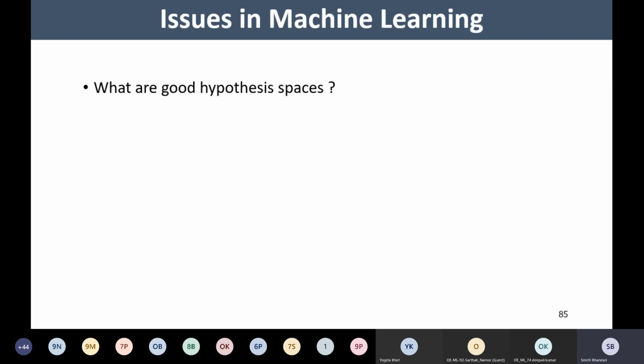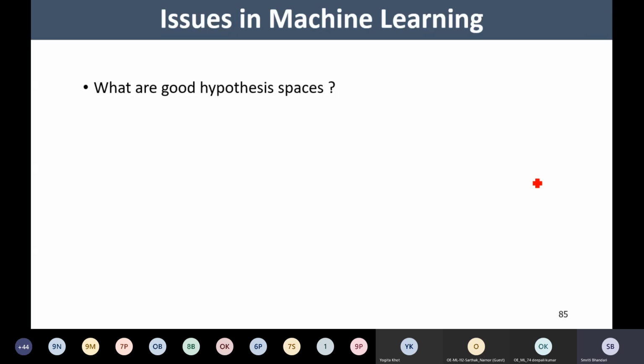The first issue that we may have is, what are good hypothesis spaces? We know what we mean by hypothesis space, and we know what a hypothesis is. So given the data, we need to identify what kind of hypothesis space, what class of algorithms, is suitable to solve a particular problem.